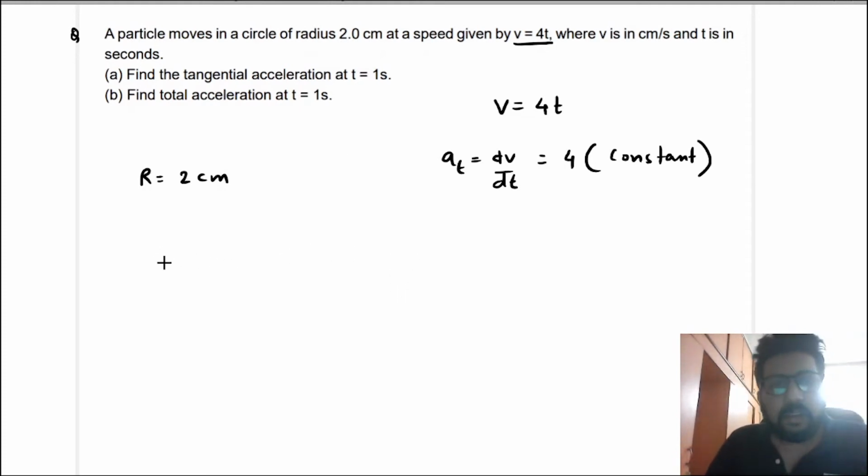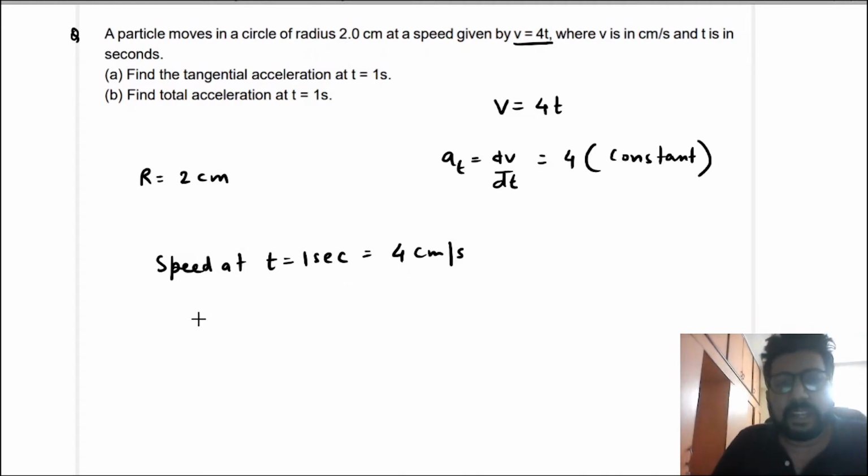Okay. Now if you want to find AR, then first you will find the speed at t equal to 1 second, and speed at t equal to 1 second will be 4 centimeter per second. That is, the radial acceleration at this point will be 4 square upon r. R is 2.